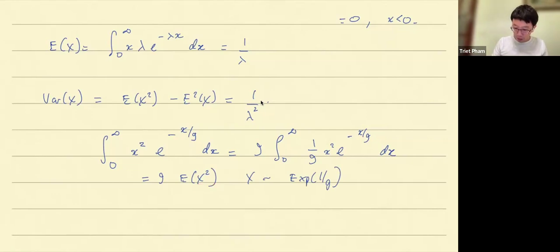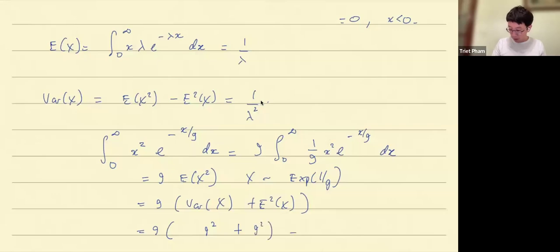Because you know the expectation and variance of an exponential random variable. So that's the variance plus the expectation squared. Now it's 1 over 9, so its variance is 9 squared, and its expectation is 9, so also 9 squared. The answer is 2 times 9 cubed, whatever that is.